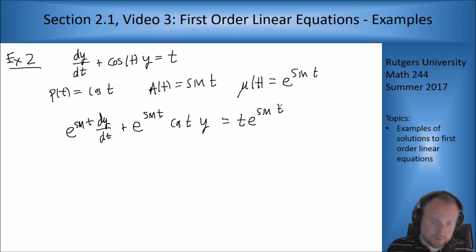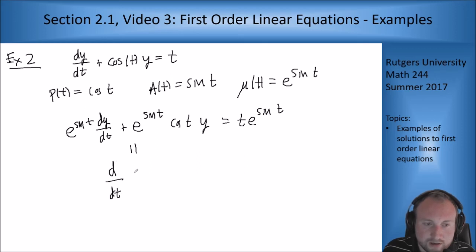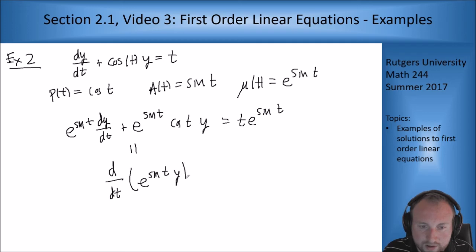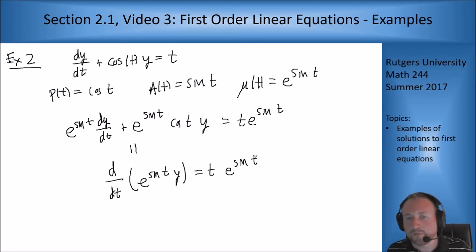Now, as we were talking about before, this left-hand side is the derivative in t of e to the sine of t times y, equals t e to the sine of t, which is how we defined our mu.